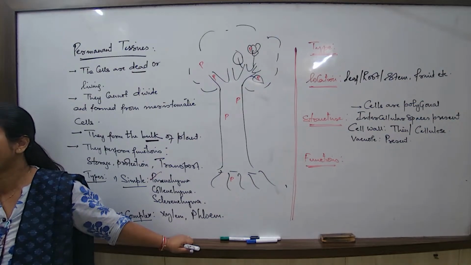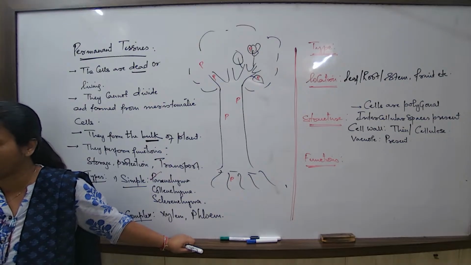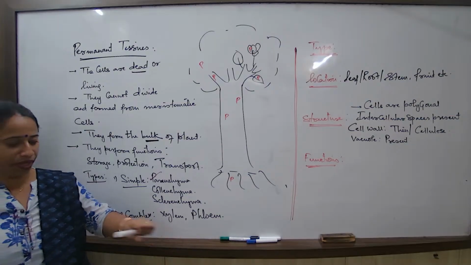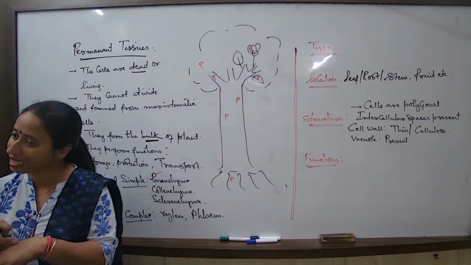What is cell sap? Nobody could tell me the answer. I taught you. What is cell sap? It was the first chapter. What is the vacuole filled with? Cell sap.